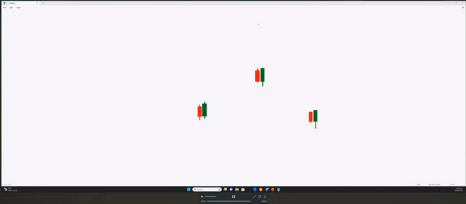And here you will also find the sellers have a bigger point and the buyers have a smaller point. So when we join the two points in a direction, like if you want to join this lowest point to the lowest point, this is also a trend line.